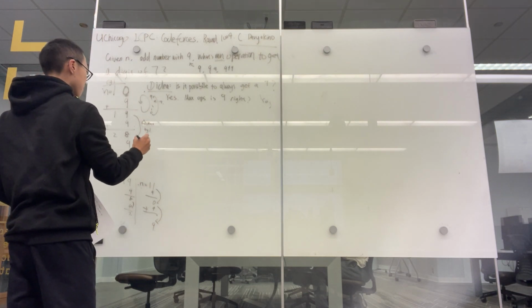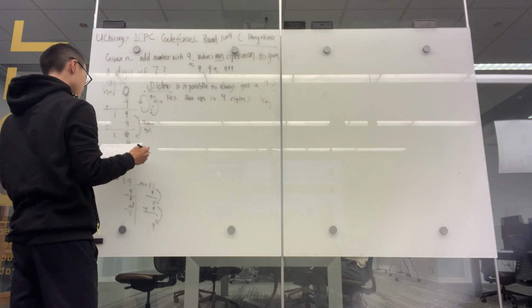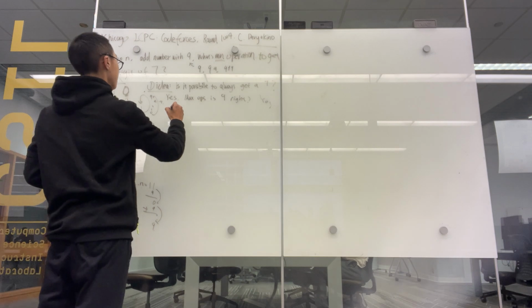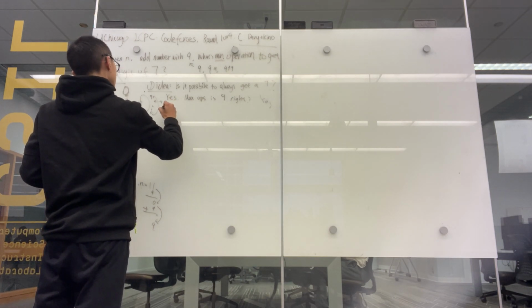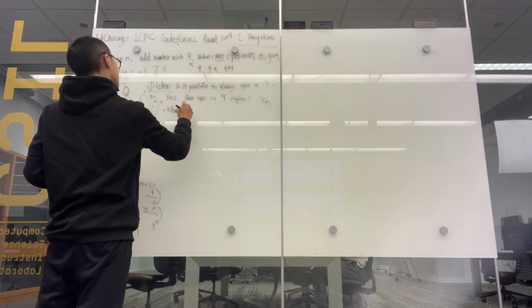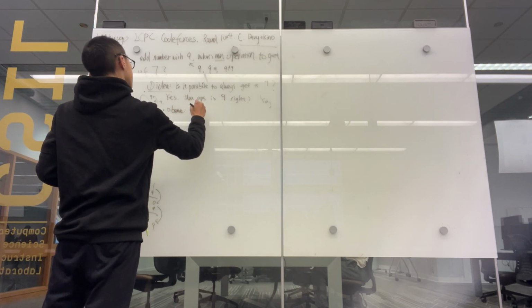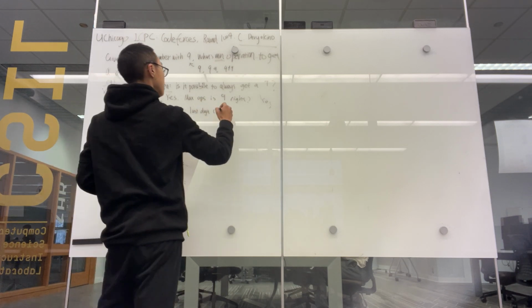So let's give an example. First observation: the last digit can always be decreased by 1.